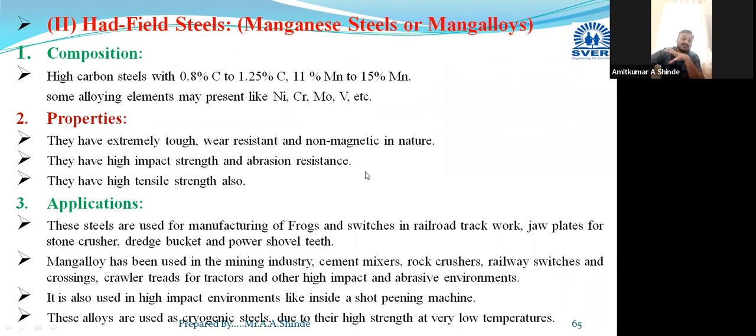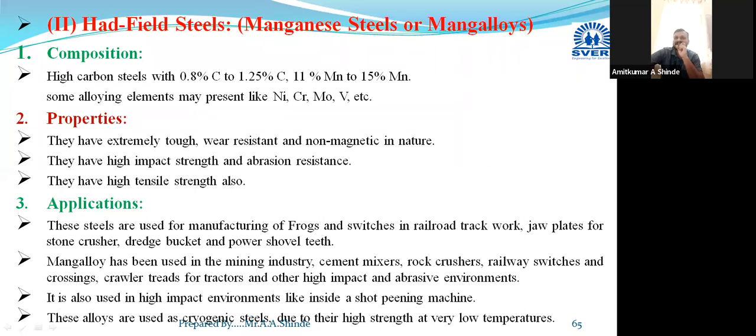The base metal or parent metal will be iron only, as it is a steel. Carbon is also an alloying element, but other alloying elements are present in more quantity, and here manganese is present in significant amount. That's why it is termed as a manganese steel or mangalloys.